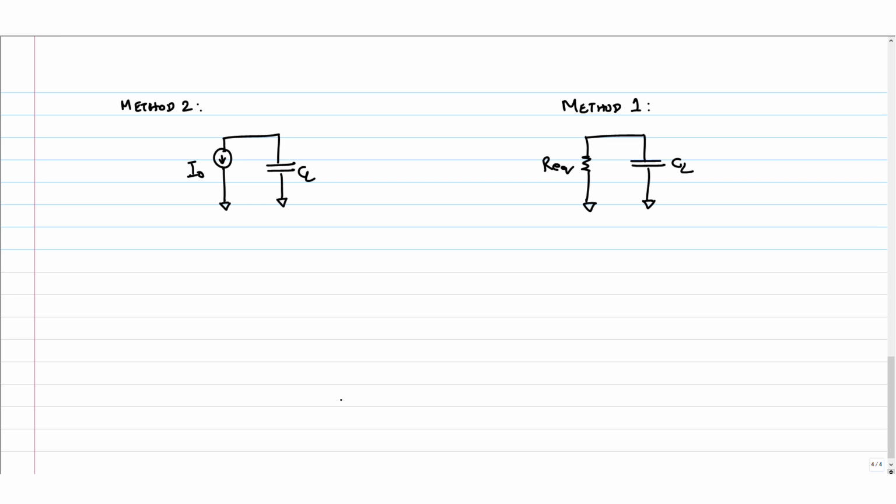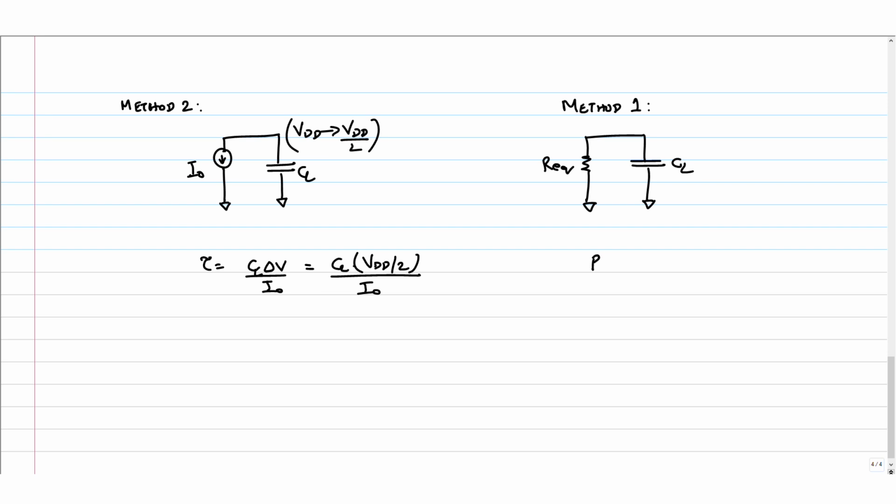If lambda equal to 0, this current is just I naught. What's the time it's going to take to discharge from VDD to VDD by 2? If it's a constant current source discharge, C delta V by I, right? So the time is CL into VDD by 2 divided by I naught.